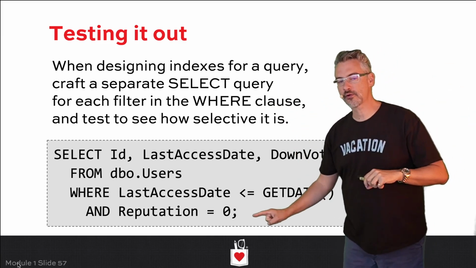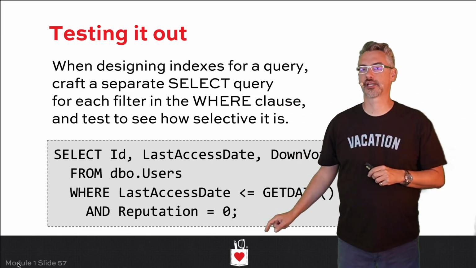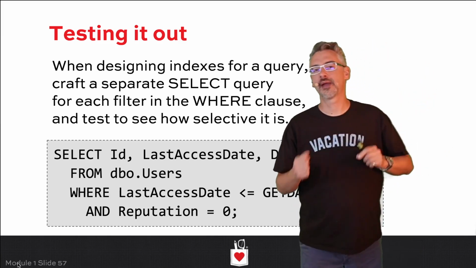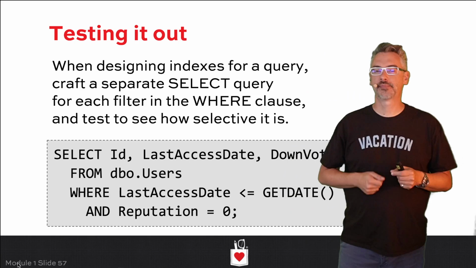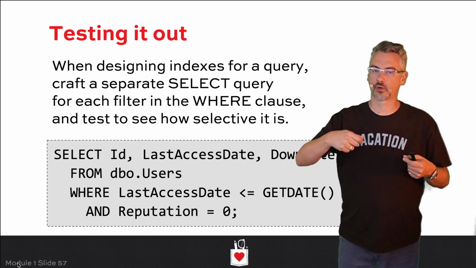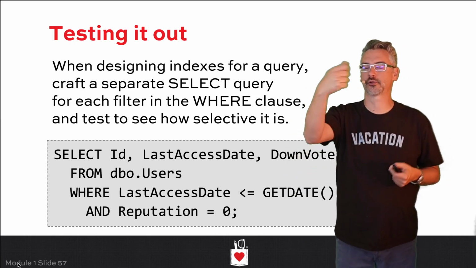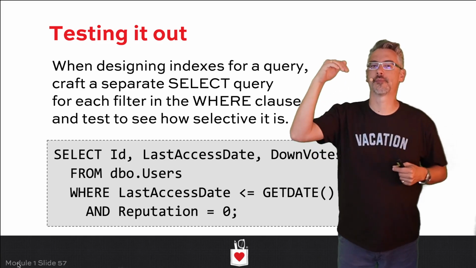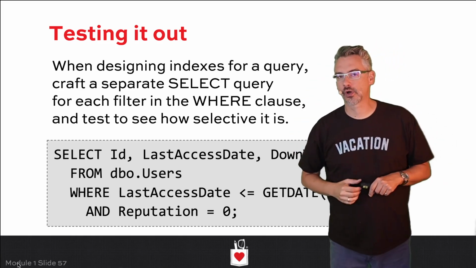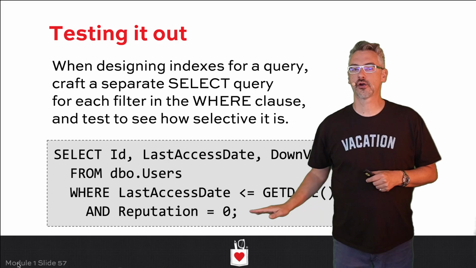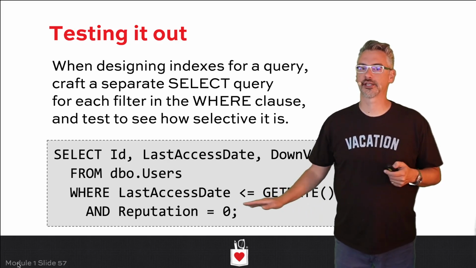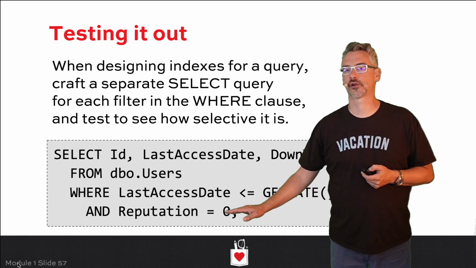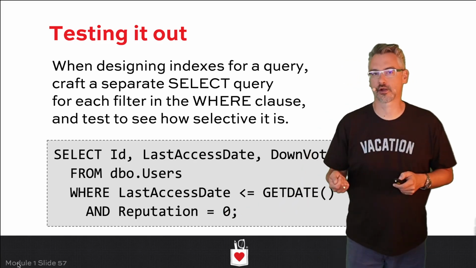Because if our query is filtering for reputation equals 0, odds are almost nobody matches. Because from a business perspective, Stack Overflow gives everyone one reputation point when they create their account. It's hard to go back down to exactly 0 reputation points. Very few people would match this. This makes a much better leading candidate for an index for this query.